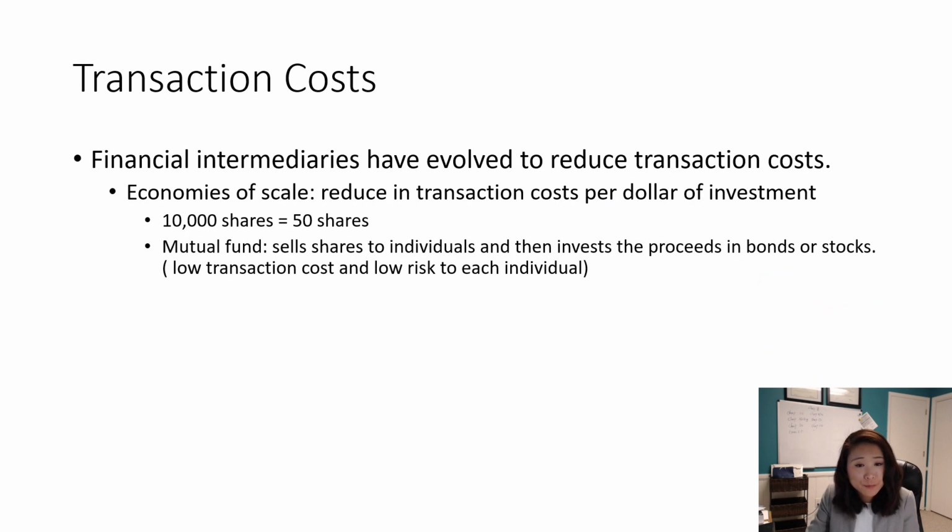To explain what I just said more professionally: financial intermediaries can achieve economies of scale. We learned that in Econ 220, the Principles of Microeconomics class. That allows them to reduce the transaction cost per dollar of investment. They can also lower the cost of resources because they have professionals.